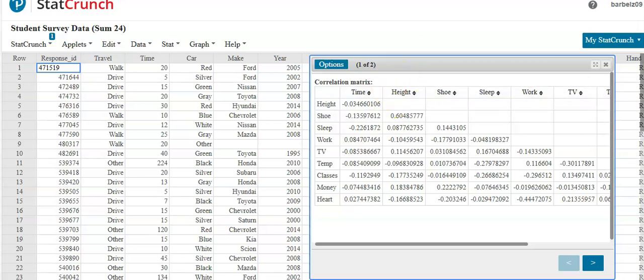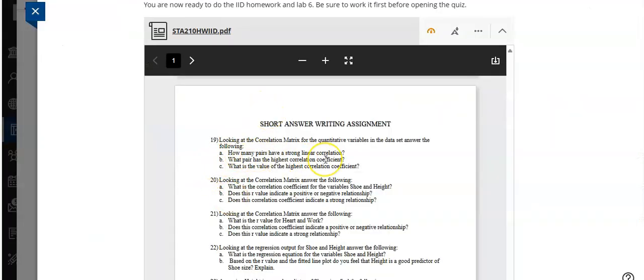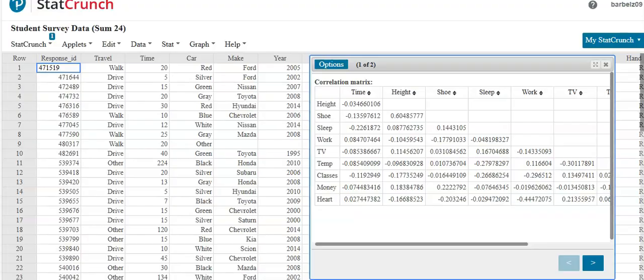All right, so let's go back here. So 0 of them have really a strong linear correlation. What pair has the highest correlation coefficient? That was that 0.6. If we look at what that pair was, that was shoe with height. That makes sense that that would have a stronger linear correlation, your shoe size with your height.